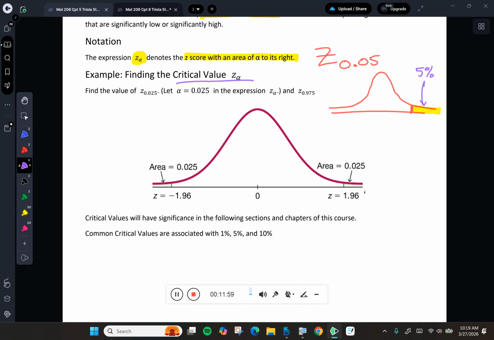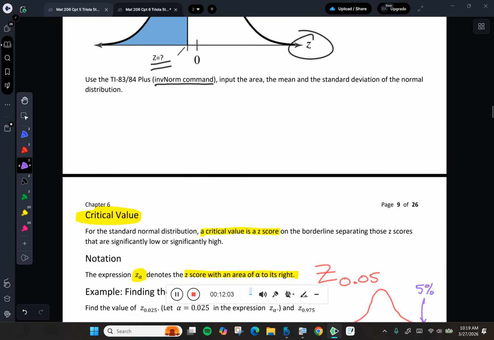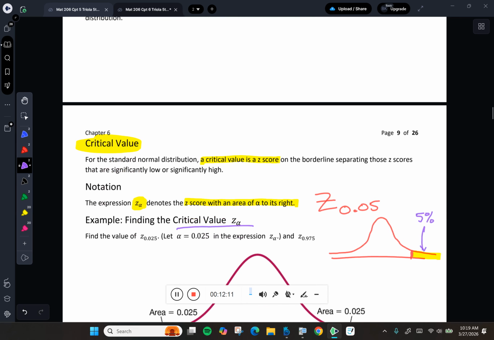If we're finding z-scores, if we're finding critical values, all we're doing is this problem again, but we're finding it for a specific area on a tail. This is going to come up because they're going to ask us to find critical values, because significantly low and significantly high, you may have noticed, is a common recurring thing.